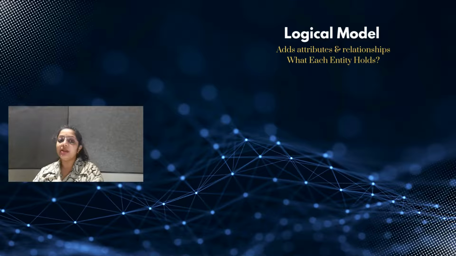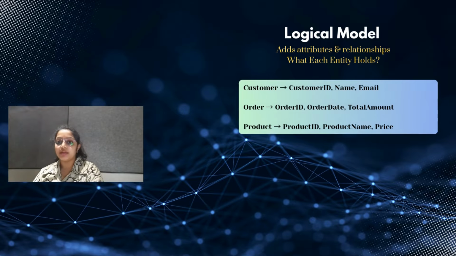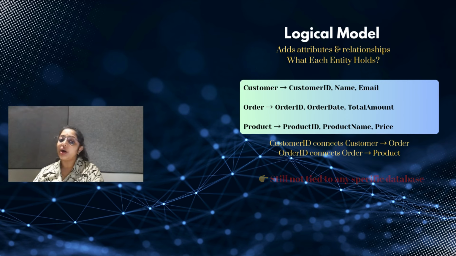For example, adding the columns: for the customer table I can add customer id, name, email. For the orders table I can add order id, order date, total amount, etc. And for the product table, the same thing: product id, product name, price. Here customer id connects the customer and orders tables, and order id connects with the product table, to define which order contains which product. So in this way the logical model works.